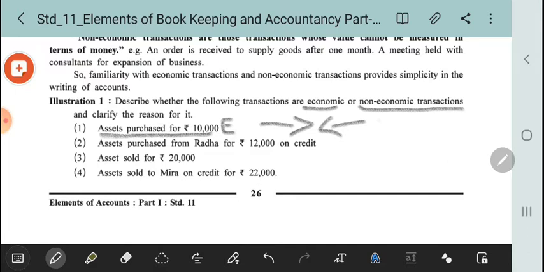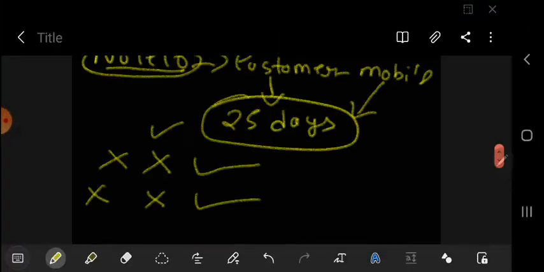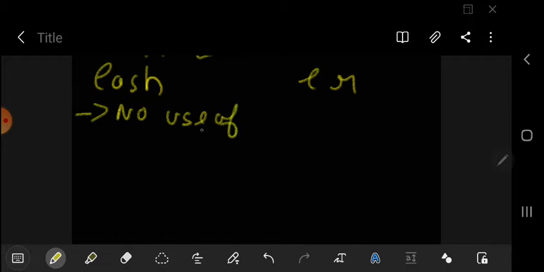Now let us evaluate both of these transactions 1 and 2, so you will get a better understanding of cash transactions and credit transactions as well. When we are classifying a transaction into cash or credit, we have to keep certain things in mind. In a cash transaction, there will be no use of the word credit.